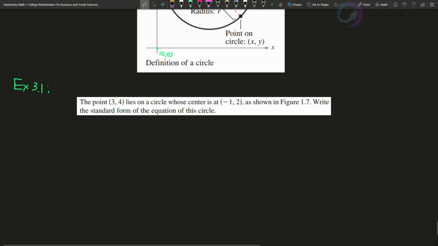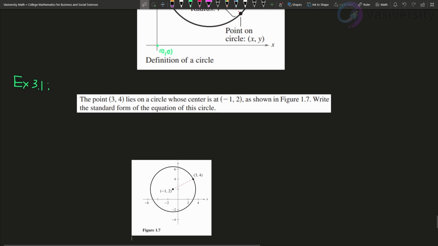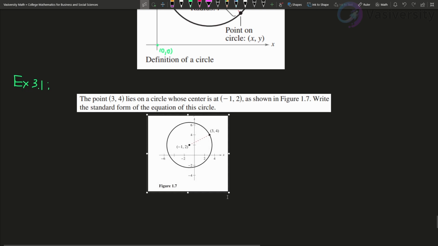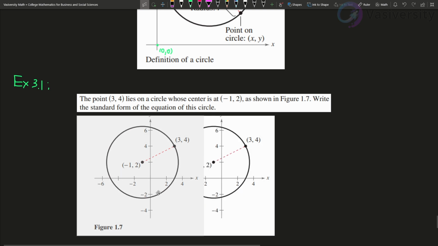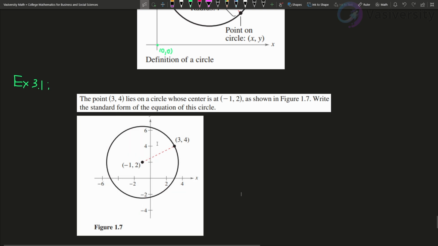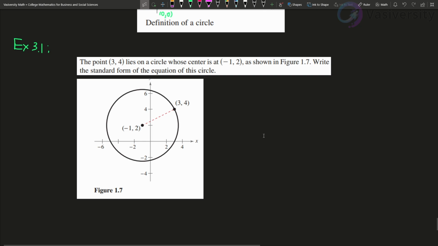And let's go ahead and actually show the picture, the figure 1.7. So this is a problem from the book. And here is the equation, right? So we want to write a standard form of the equation of the circle, right? So we're given that the center is -1, 2, and then the first point is 3, 4.